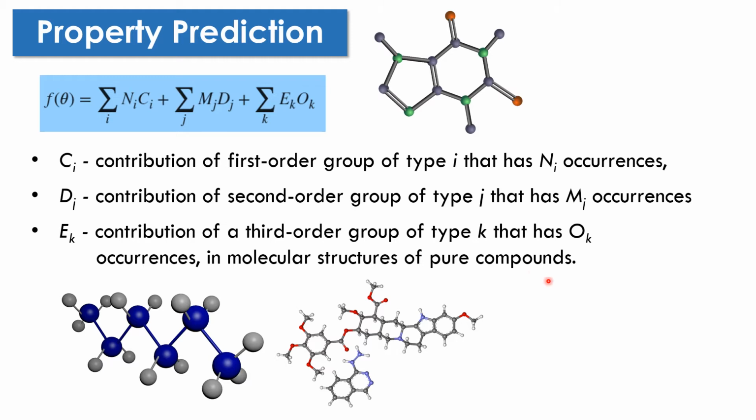Based on what we have learned before in molecular representation, the group vector representation is based on the first order group. In this Marrero and Gani model, they have higher order groups, called the second order group and third order group, which can be used to provide more information on the structure of the molecules. Normally, second and third order groups are used for polyfunctional molecules which have a larger molecular weight.